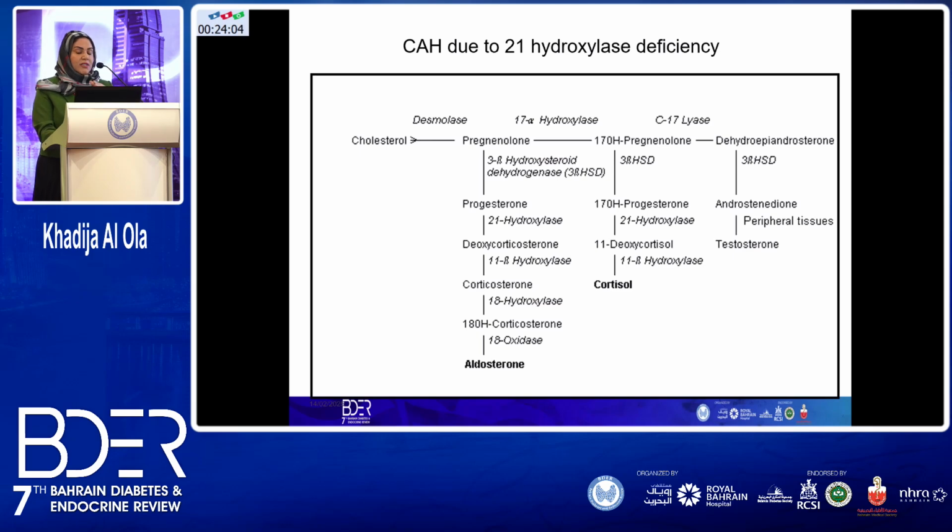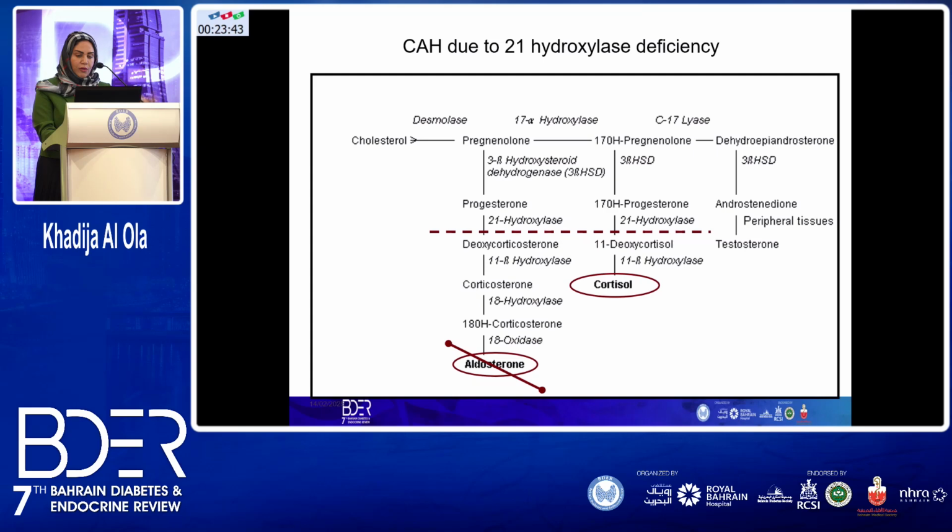The second one, which is the most common, is due to 21-hydroxylase deficiency. Where is the 21-hydroxylase? It is in the pathway of production of aldosterone and cortisol. So if there is no aldosterone, we will have salt wasting.